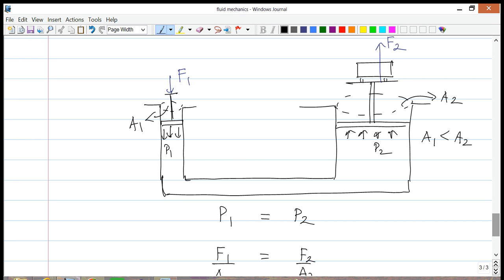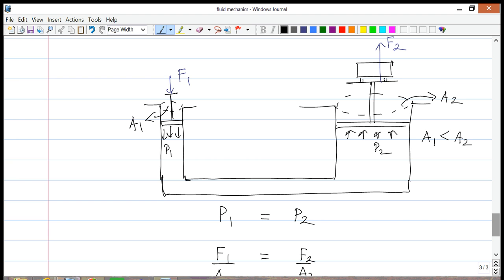You can push it with your hand and lift a vehicle of mass, say, 1500 kg or 1000 kg, by exerting a force of 100 newtons or maybe 10 newtons or something like that. It all depends on the ratio of the areas. The greater the ratio between the two areas, the greater the amount of force that you can exert.